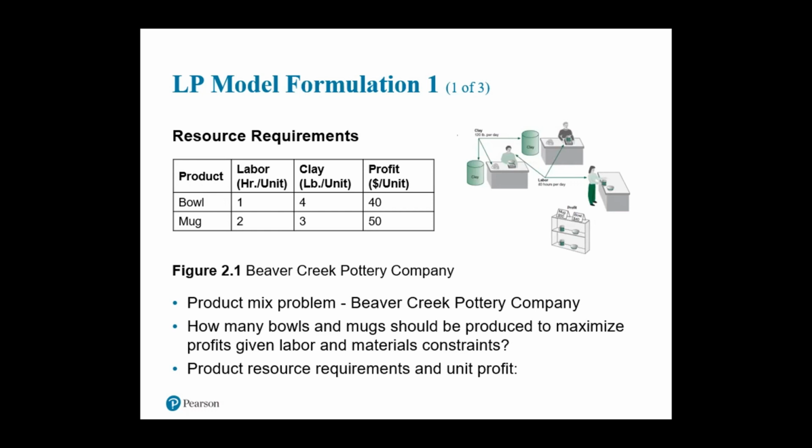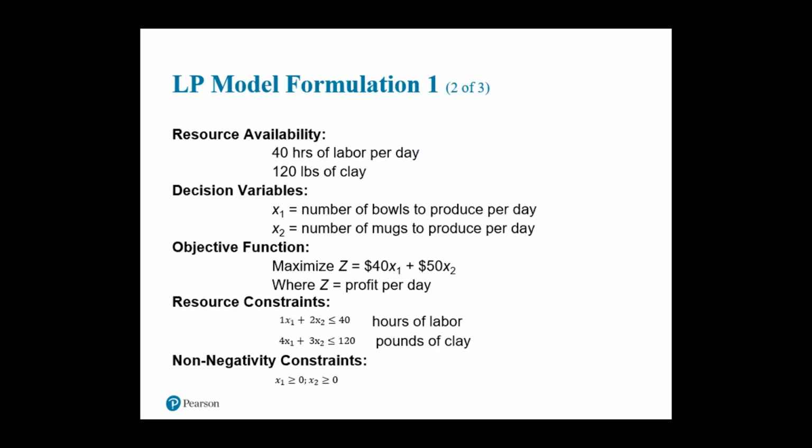Then you have product resource requirements and unit profit. So now, these are the resources available. They are the ones that will define the constraints. It has a maximum of 40 hours of labor per day. 40 hours, that's the maximum.